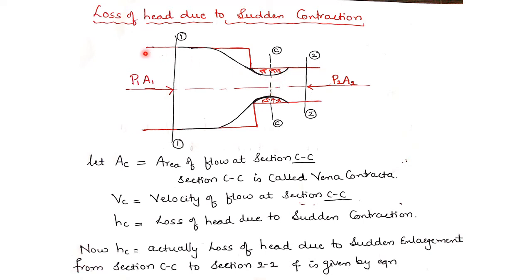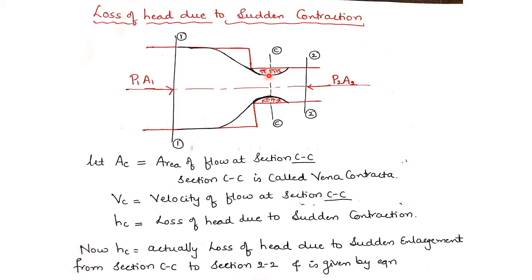As the liquid flows from the larger diameter pipe to the smaller diameter pipe, the area of flow goes on decreasing and it becomes minimum at one point.